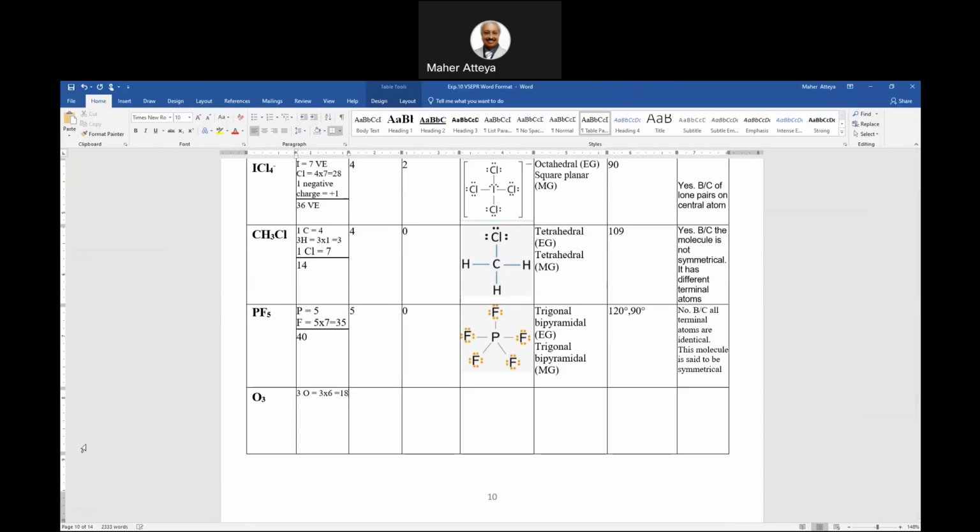If it's not satisfying the octet rule, make a double bond. So one of them will be a double bond, the other one is not. So let's do here ozone, O3, and you will see the Lewis dot structure of ozone is 1 double bond, as I said to you, 1 single bond.